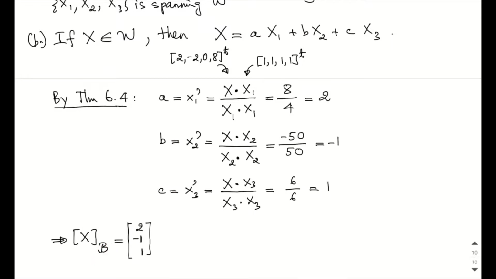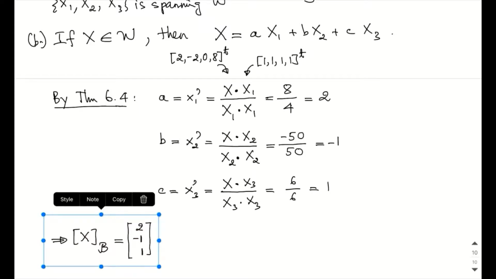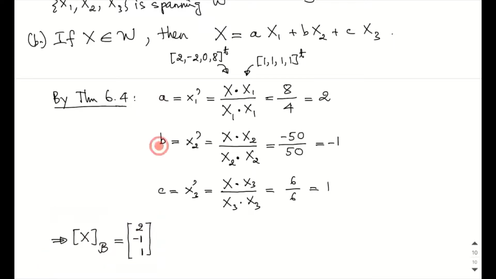However, if you stop here and accept that this is the coordinate of x here, then you take the risk of making a mistake. We have to double check if these values, when you combine and compose with x1, x2, and x3, are going to give you x when you sum them up.